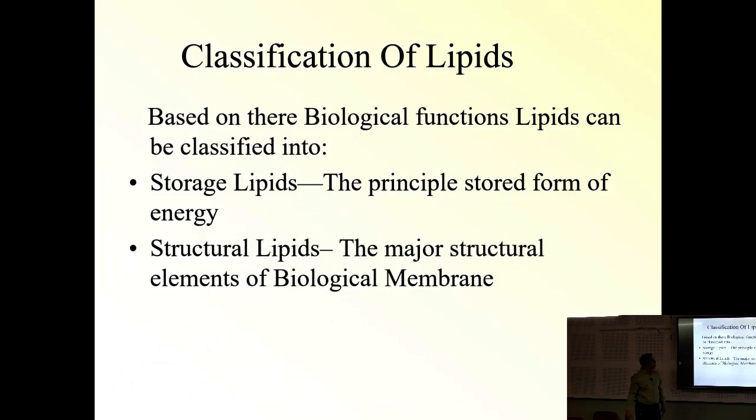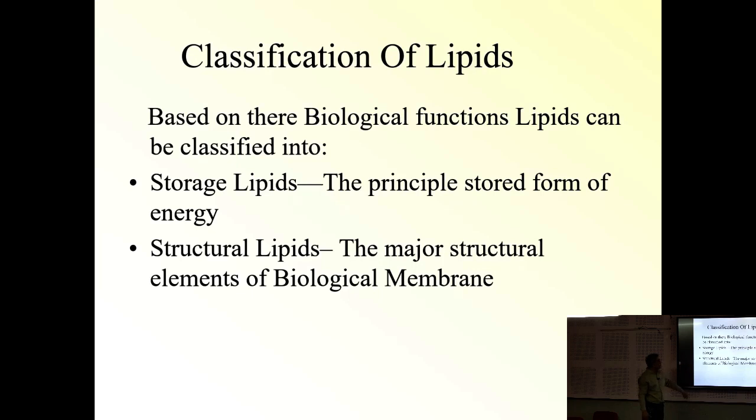Based on biological functions, lipids can be classified into two parts. One is storage lipid, another is structural lipid. Now, what are storage lipids? These are the principal stored form of energy.